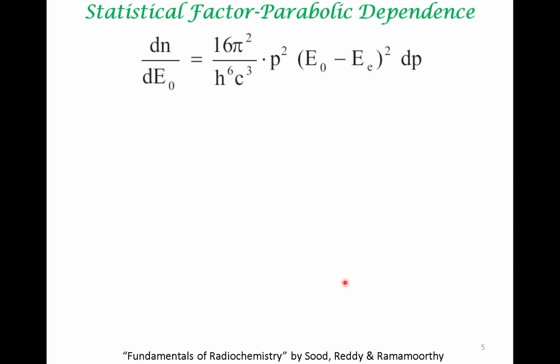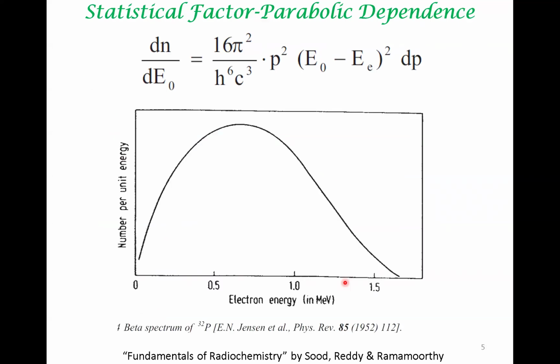So this expression from the previous slide, let us interpret this quantity. What is the experimental observation? The experimental observation is that the energy spectrum in beta decay is parabolic.